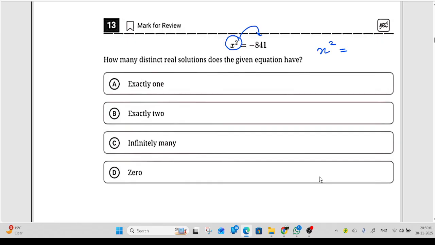Because the square of a real number cannot be negative, therefore there is no real solution. So there are zero real solutions, because the square of a real number cannot be negative, and here it is given as negative. There is no real solution, right?